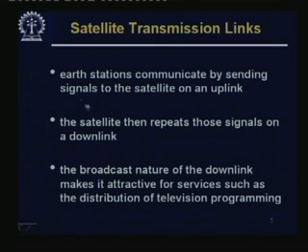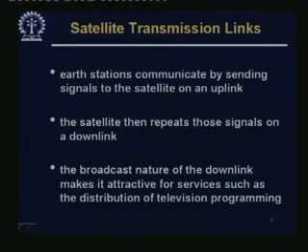So, earth stations communicate by signal to the satellite on an uplink. They are called earth stations or base stations on the ground. The satellite then repeats these signals on a downlink. The broadcast nature of the downlink makes it attractive for services such as distribution of television programming. I mean, we all know that many of our television channels, unless it is coming through some cable, come from some satellite.